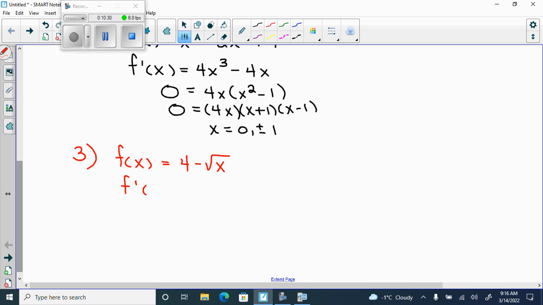F prime of x equals what? What happens to the 4? Goes away. This is just negative x to the half, correct? So what's it going to become? Negative 1 half x to the negative half.